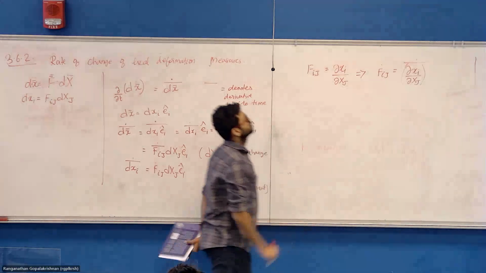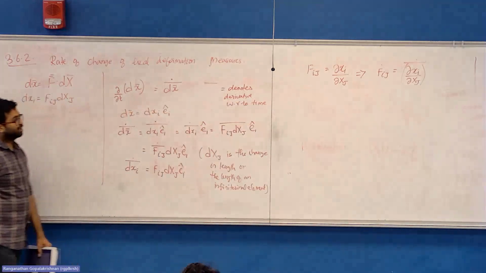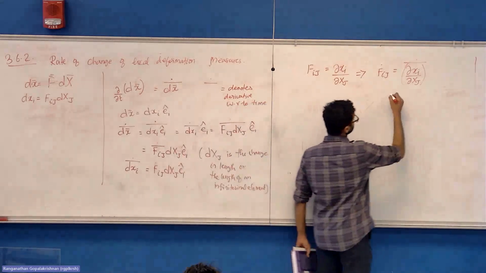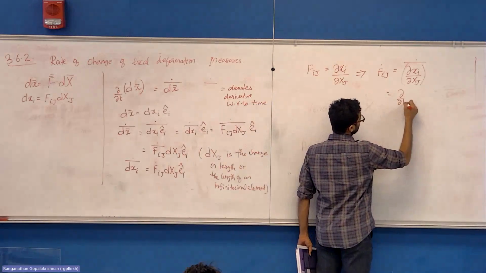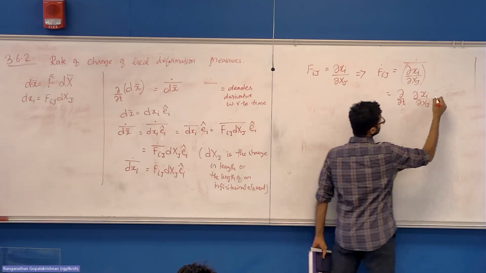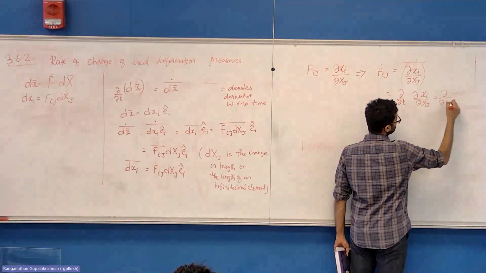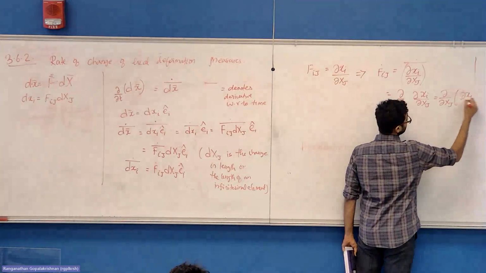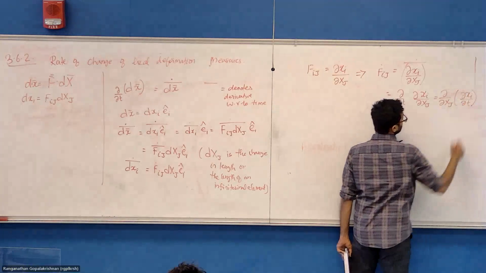This is like writing the derivative of xi over xj, and then with respect to time.